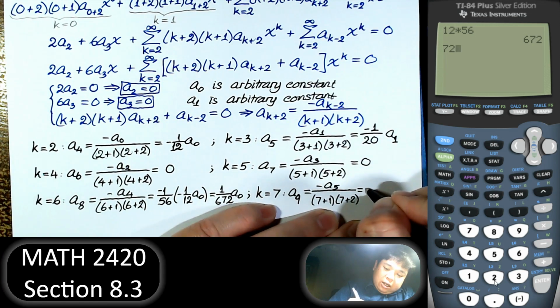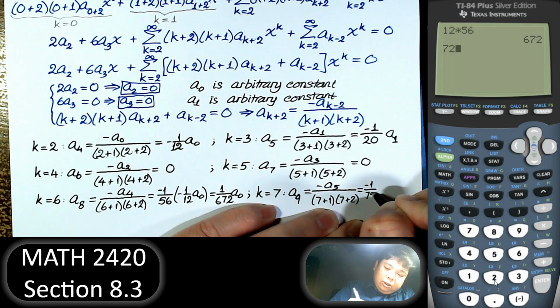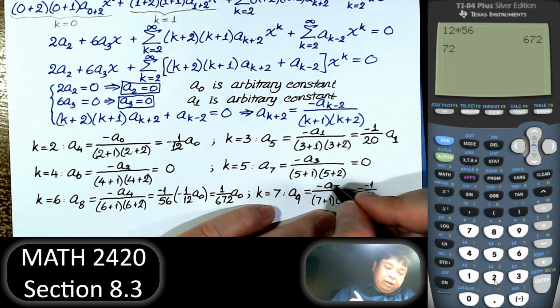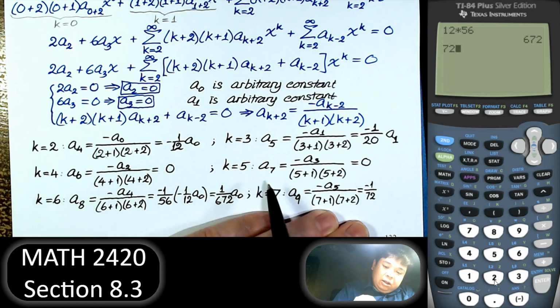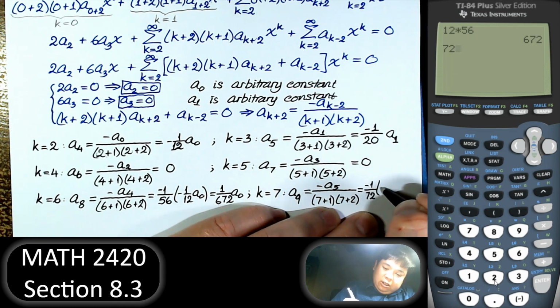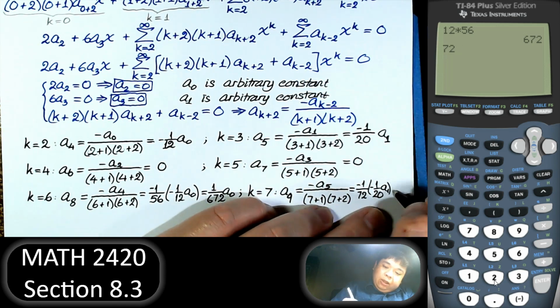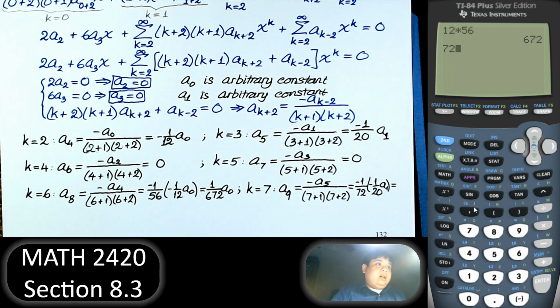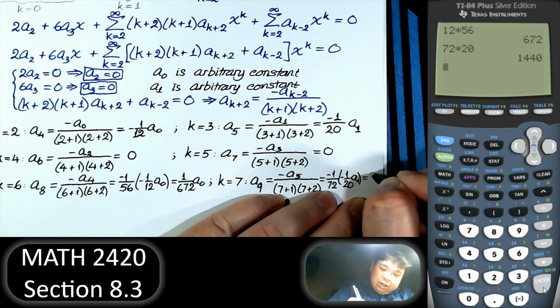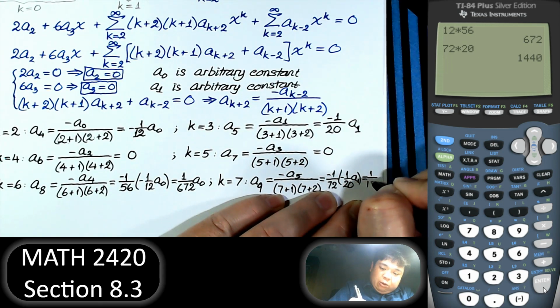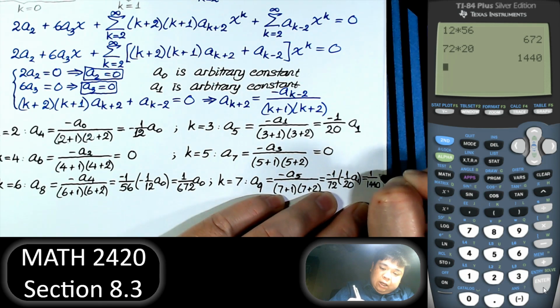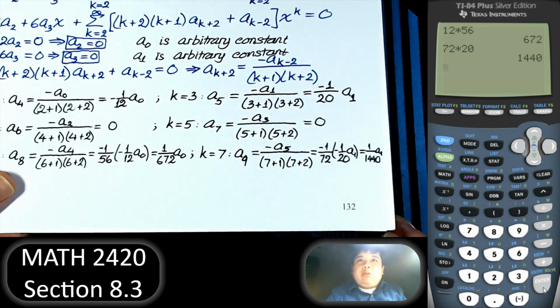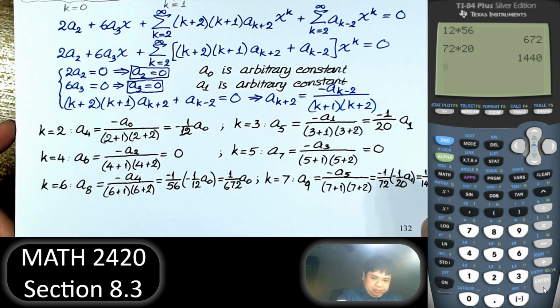So negative 1 over 72. A5 is negative 1 over 20. So 20 times 72, actually that is easy. 1440, A1. So can't run out of space, but that's what we have.